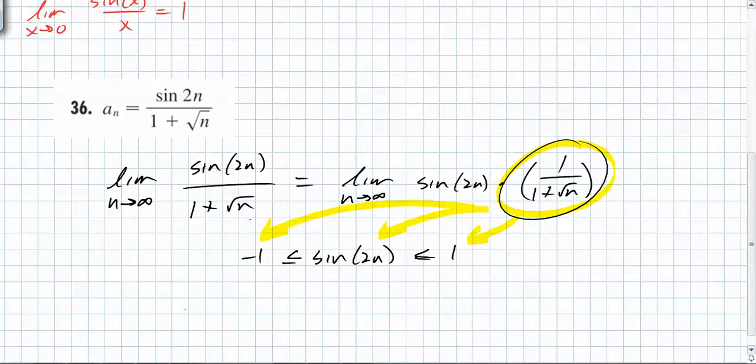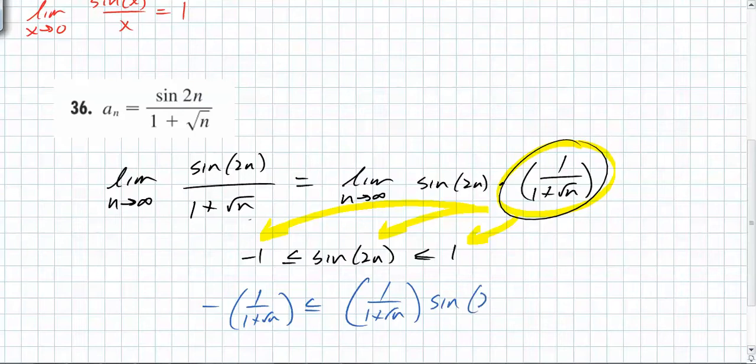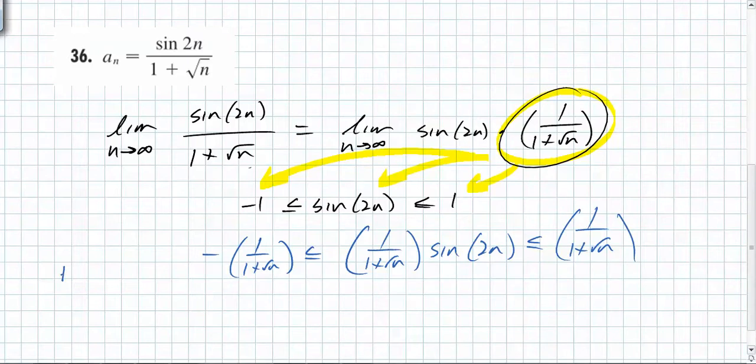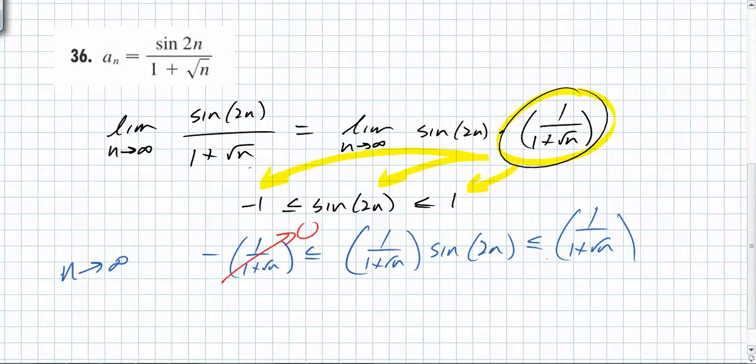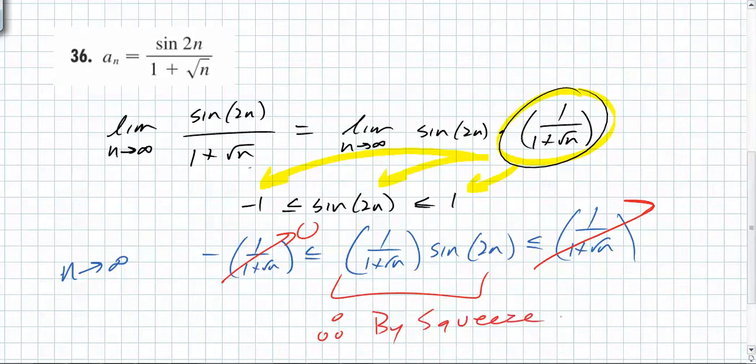So what do you end up with? Negative 1 over 1 plus root n is less than or equal to 1 over 1 plus root n times sine of 2n, which is less than or equal to 1 over 1 plus root n. If n goes to infinity, this goes to 0, this goes to 0, therefore by squeeze theorem the limit equals 0. That's great. Good job.